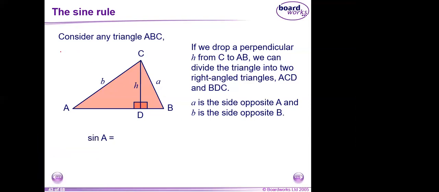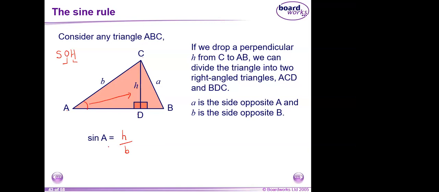Now, in order for us to get a sine, we said sine is given by opposite divided by hypotenuse. So in case this is my angle A, considering triangle A, C, and D, my opposite is H and my hypotenuse is going to be B. Members, is that okay?